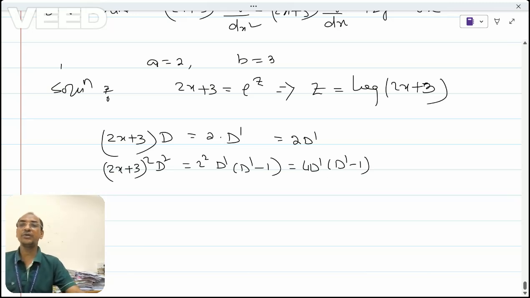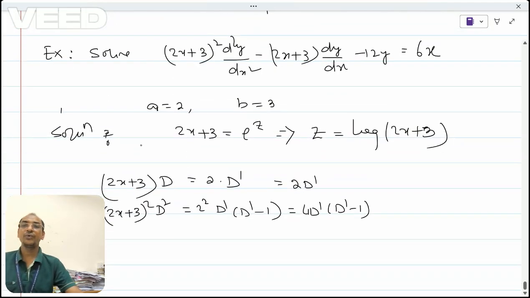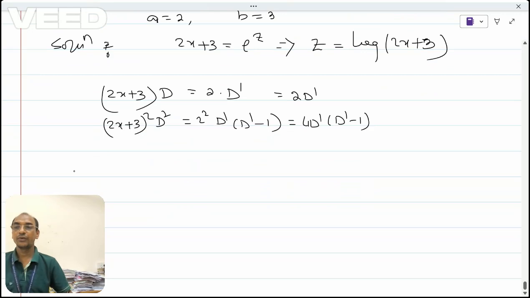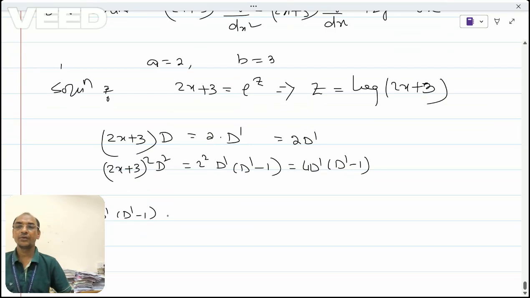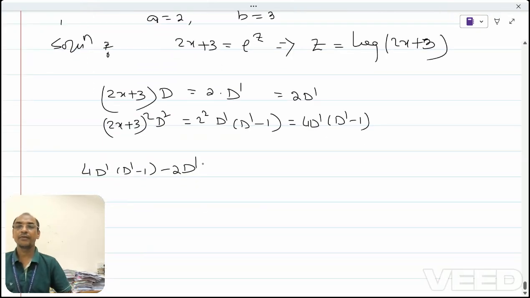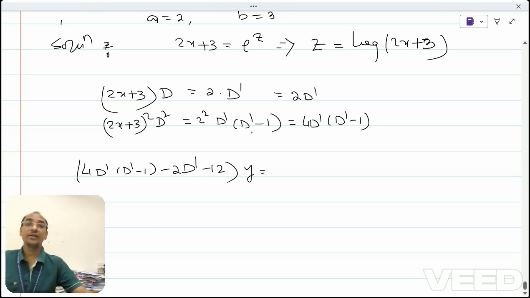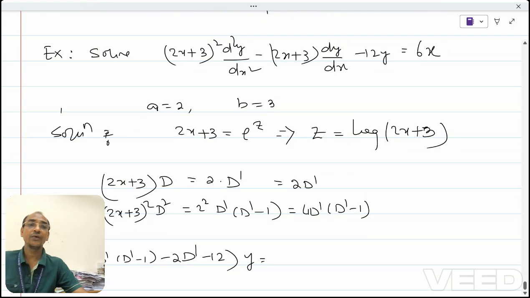Now substituting these values in the given differential equation, we can have 4D dash (D dash minus 1) minus 2D dash minus 12 of y equal to, you see that on the right hand side we have only 6x, but we are considering here 2x plus 3 equal to e to the power z.